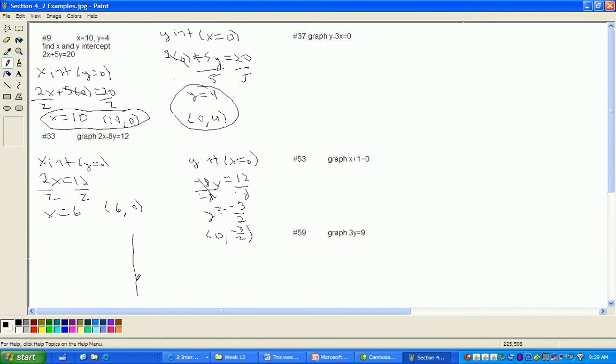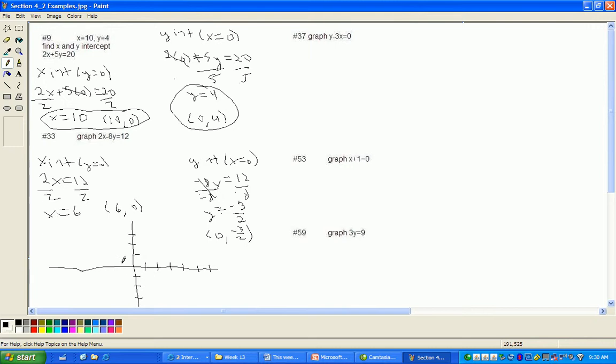So when we put our little tick marks here, we see that we need to go up to 6. So I'll make them a little bit smaller. 2, 4, 5, 6. 1, 2, 3 up there. 1, 3 down here. 1, 2, 3 that way.